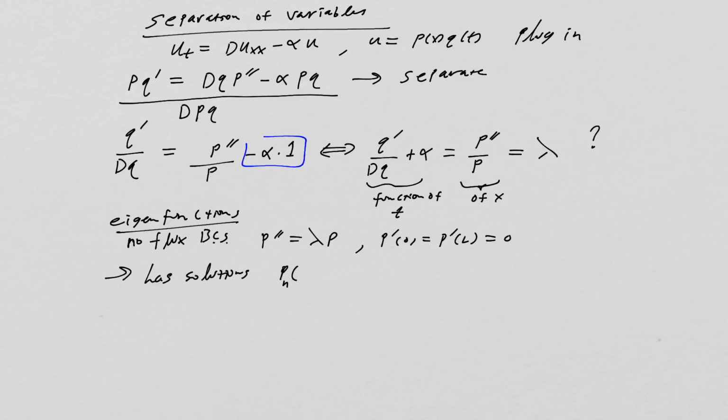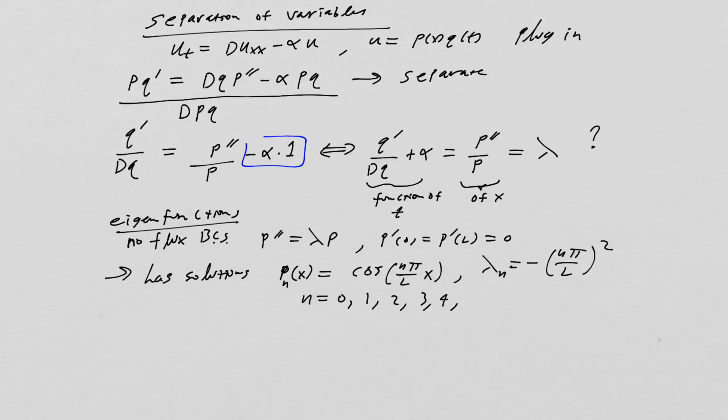Pn of x is equal to cosine of n pi over L x. And we have lambda n is going to be equal to negative n pi over L quantity squared. And this is for n is equal to 0, 1, 2, 3, 4, and so on up forever.